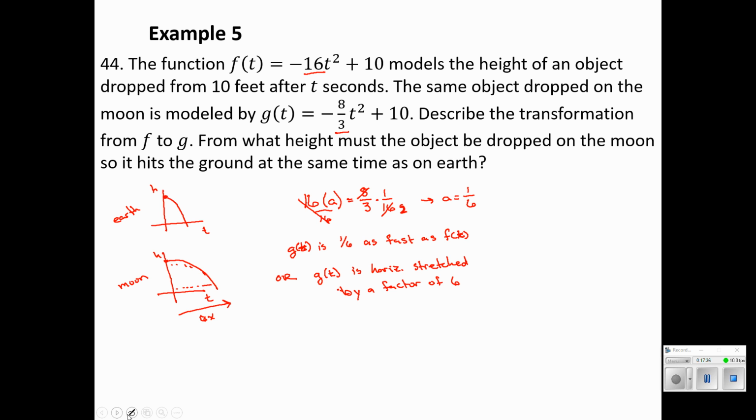When we're talking about height, we're talking about the output, the f of, the g of, right? The output is the height, the input is the time, the t value. So we want to know from what height must the object be dropped on the moon? So we're trying to find the g of t.